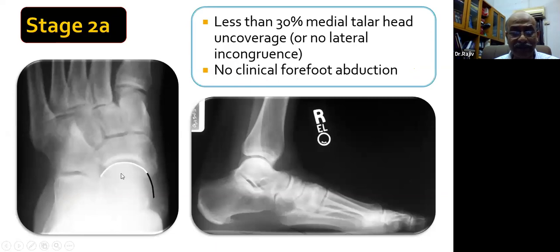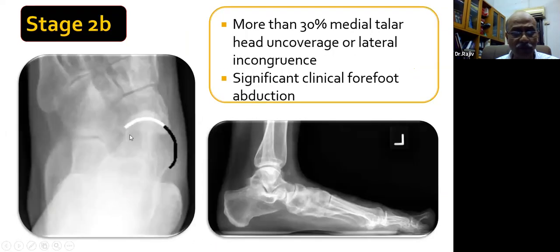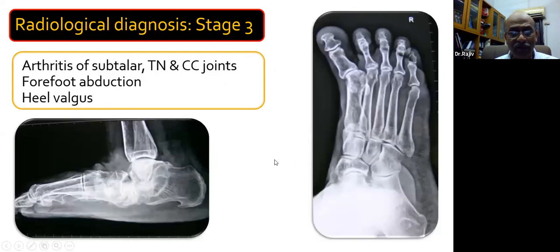If the talonavicular uncoverage is less than 30% of the talar head, it is stage 2A, but in stage 2B, the talar head uncoverage is more than 30%. This is the radiological parameter. In stage 3, you would have arthritis of the subtalar, talonavicular and calcaneocuboid joints, forefoot abduction, and heel valgus.